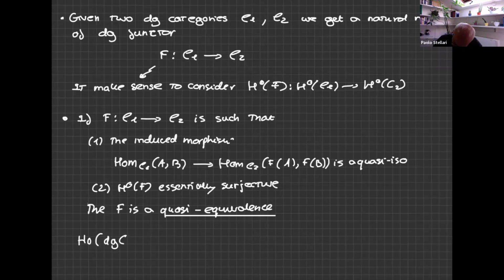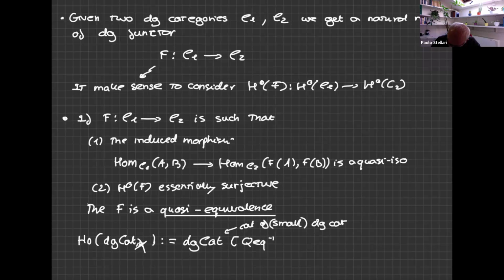So DGCat. I should make precise that we work over k, but I will safely ignore this additional decoration down here. I can define it simply by taking the category of DG categories, and I can just invert the quasi-equivalences formally. I can just take this localization.